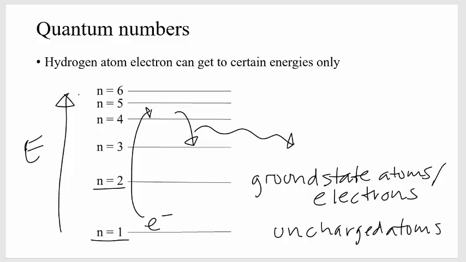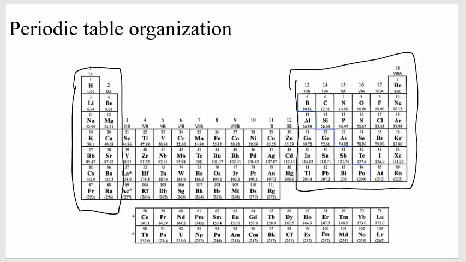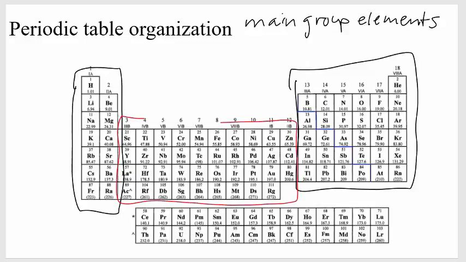Okay, so for quantum numbers, I'm going to be talking about the periodic table a bit, and there are some different names I want you guys to be familiar with. There are some different areas of the periodic table, and here on the right and left side, these two kind of higher areas, everything that I've outlined in these black boxes is called the main group elements. Then here in the center, this area that's a little bit lower, is called the transition metals.